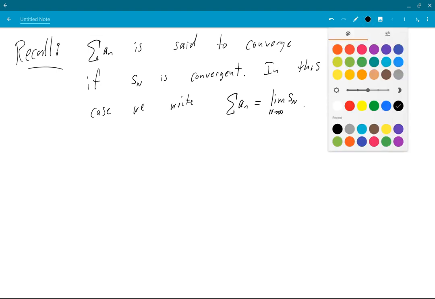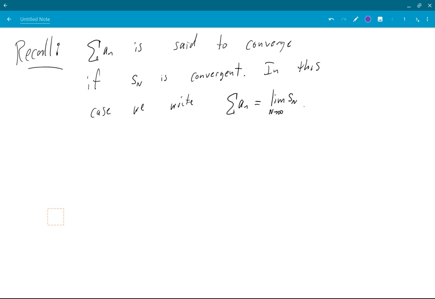And a little justification for that is, well, lim Sn is equal to lim, what is Sn? Sn is a1 plus a2 plus a3 all the way up to an minus 1 and an.